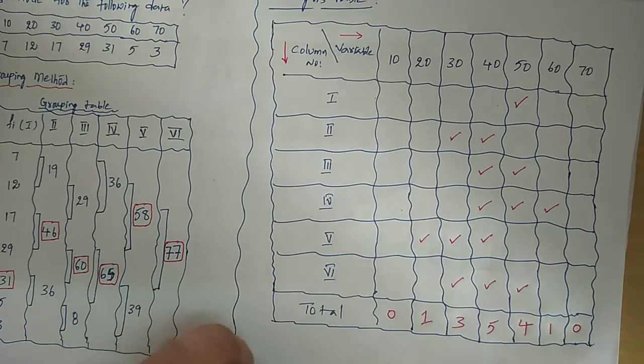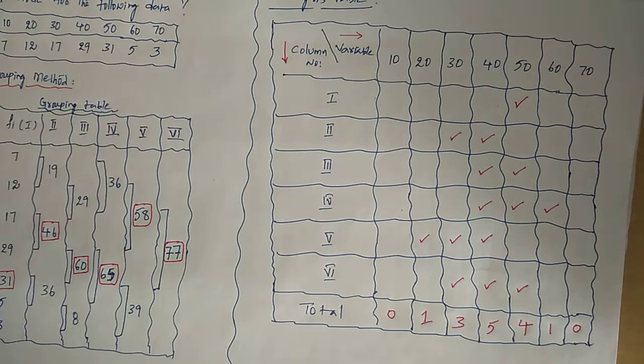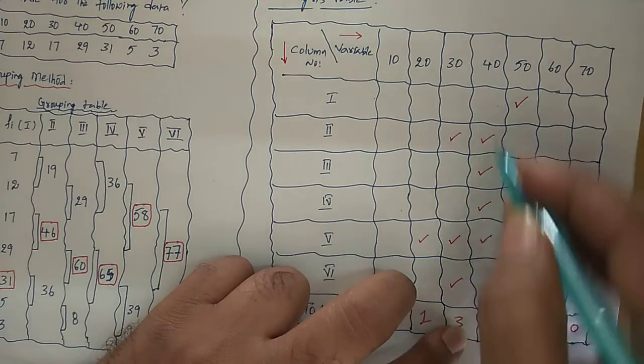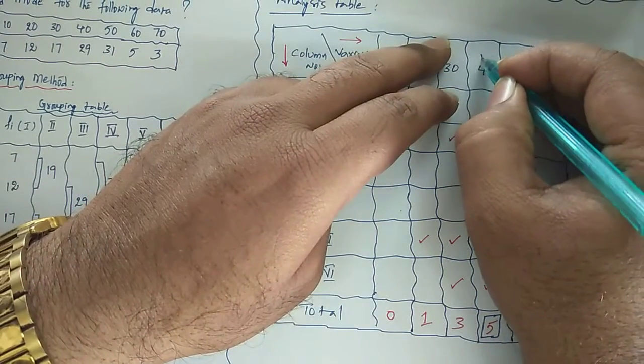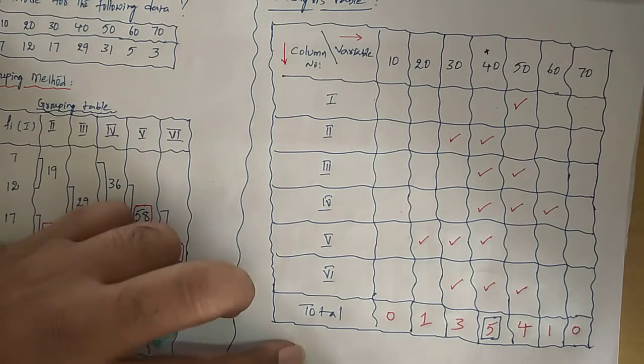So in all these tick marks, which is the highest? 5. Hence, the variable value corresponding to 5 is your answer. The highest tick mark, I am again rounding off. Which represents what value? 40. Hence, what is the final answer?